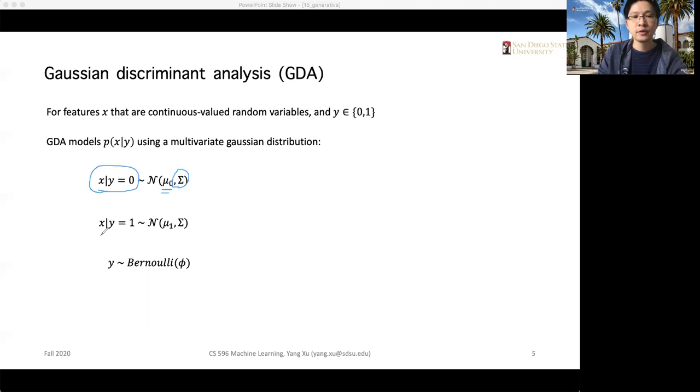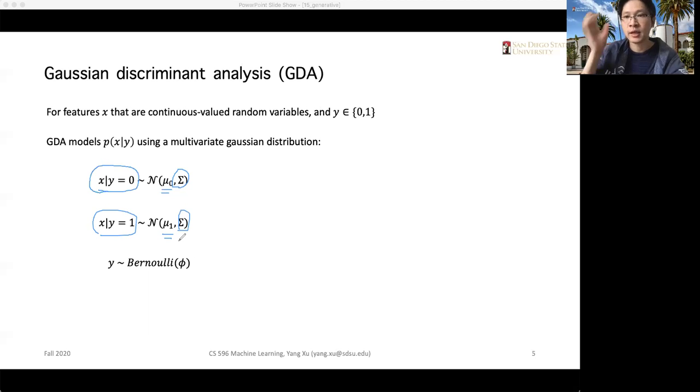And for the other probability, x given y equals 1, it is centered around mu 1 and has a covariance matrix.